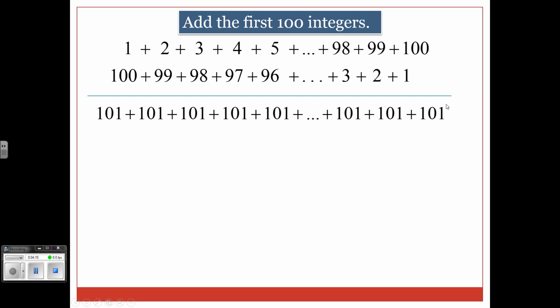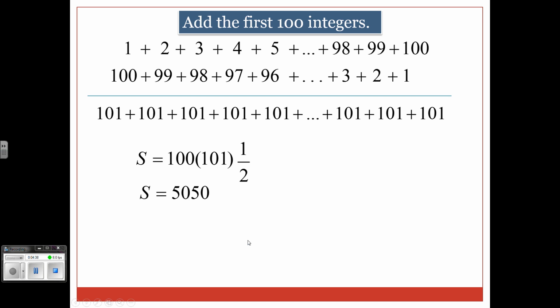So now all you have to do is figure out how many 101s you have. Well, we have 100 of them because we went from 1 to 100. So the sum is 100 times 101. But wait, that was two sets of 1 to 100. We only wanted one set, so we just have to divide by 2. And you get your answer of 5,050.